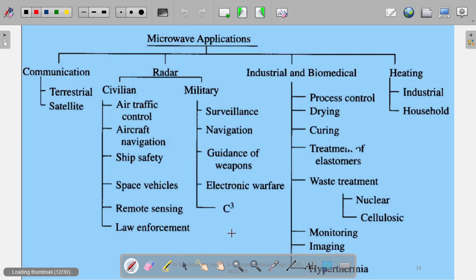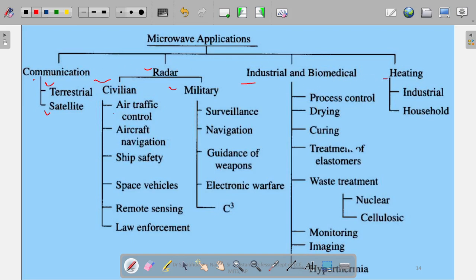Now let us see what the different applications are. As I said, communication comes first, terrestrial and satellite communication. Then radar applications, civilian and military. Next, industrial and biomedical applications, and then heating applications.